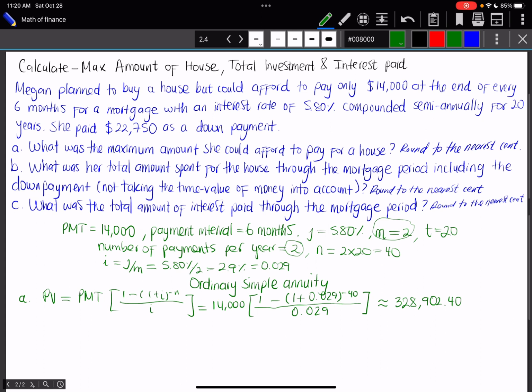If you're using a calculator and you need to get to this number, make sure to enter something like 14,000 times bracket, bracket, 1 minus bracket, 1 plus 0.029 raised to the power of bracket minus 40, close bracket, close bracket, and then divided by 0.029.